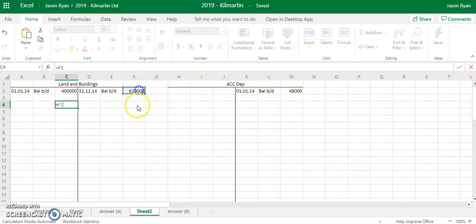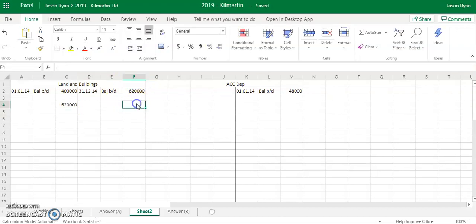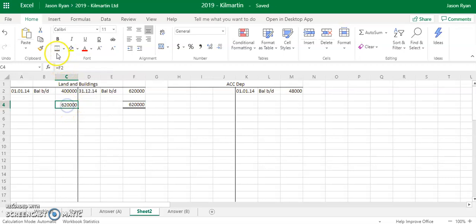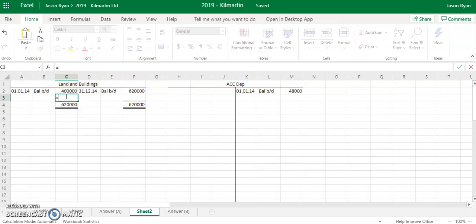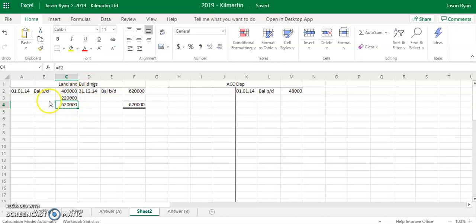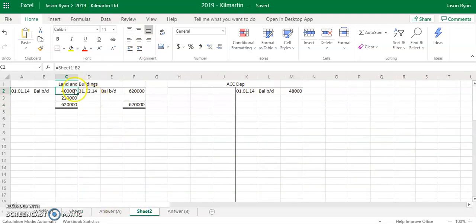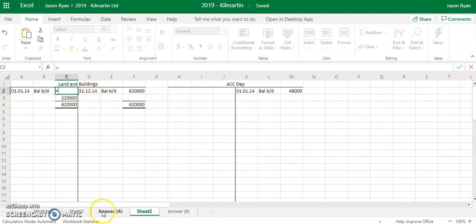It should be 620 on each side, so it should be a balance figure. And what happens then is that the revaluation figure is going to be the difference, so 620 minus 400. Remember, we're taking these figures here, so that should have been 480,000. So I need to update my account with 480,000.